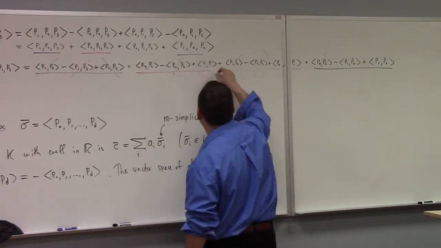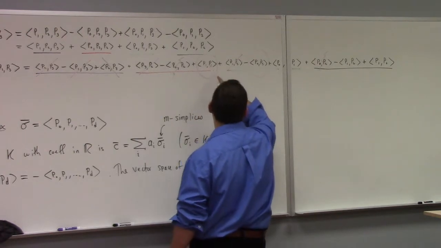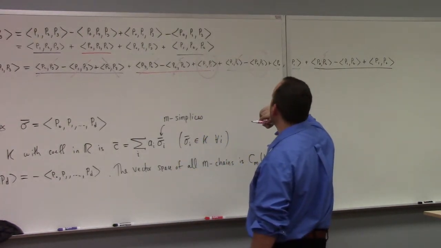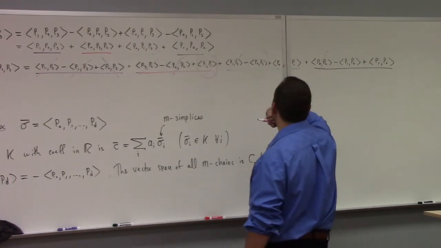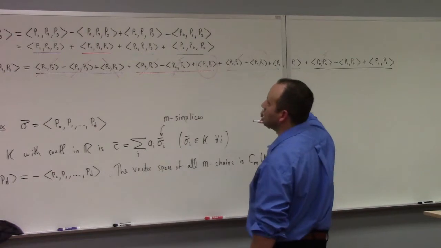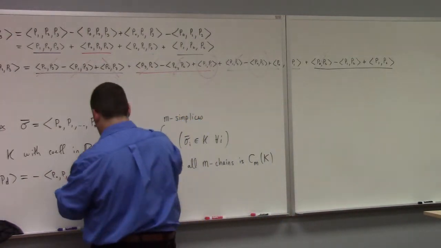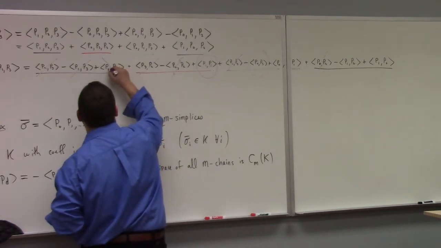So that one will cancel with this one. But what else did I cancel that with before? The last one for the purple should be P1, P2, not P2. Oh, good grief. That'll be important when I get to the end of the list.